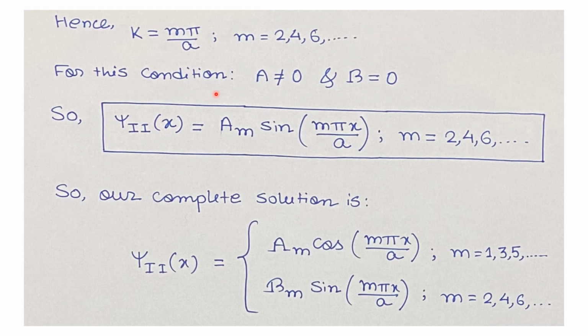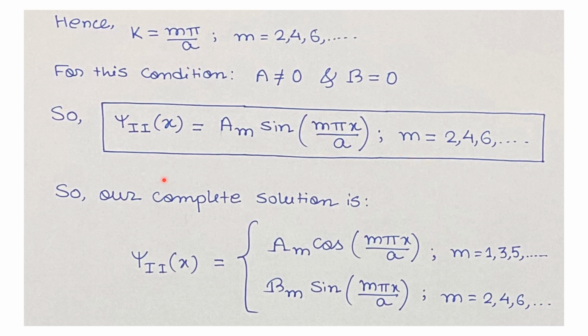And for this condition, a not equals 0 but b equals 0. So the particle wave function will be psi 2 as a function of x equals a subscript m times sin m pi x by a for m equals even integer values.